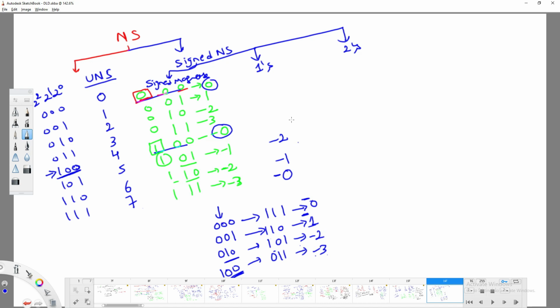Its complement is minus 3. Similarly, if you are going to represent 000, its complement is 0 only. And 001, its complement is 1. And its complement is 2. Is it sufficient? One minute.